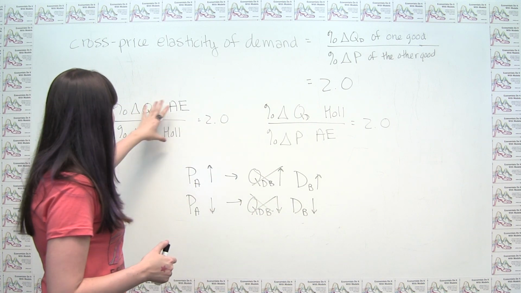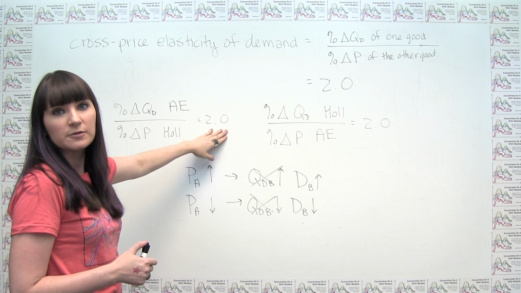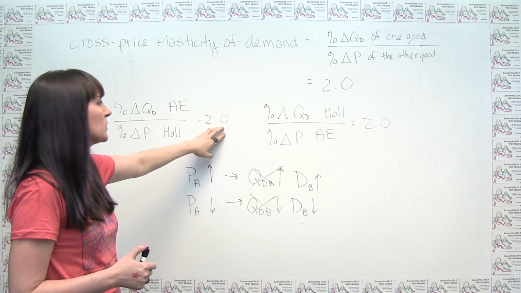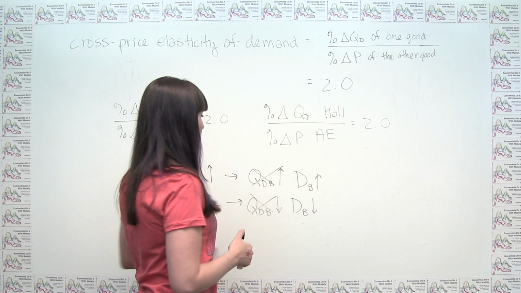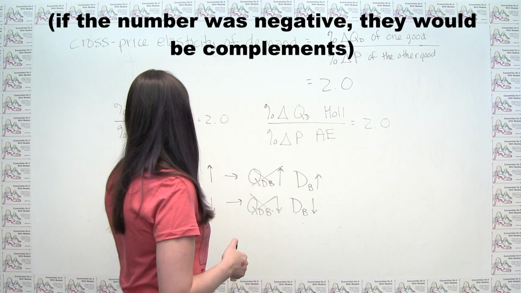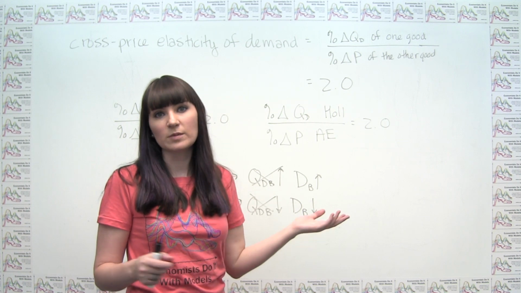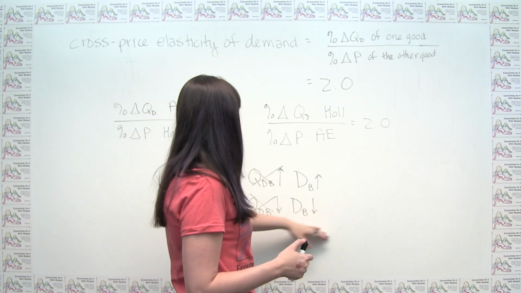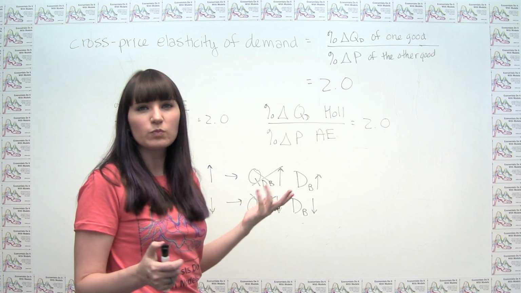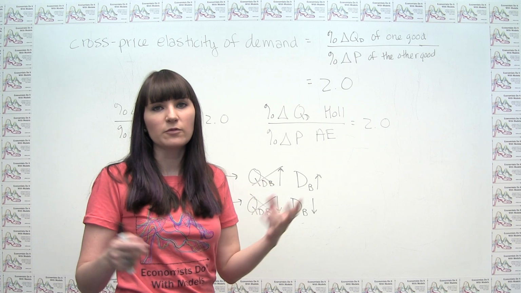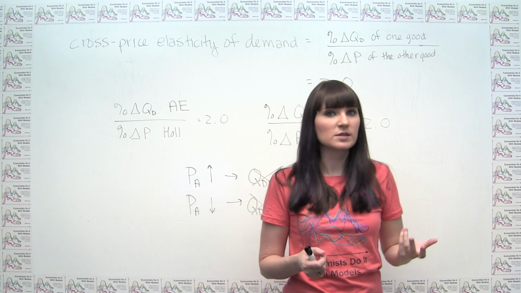So taking these different steps, just knowing that this cross-price elasticity is positive, it actually didn't matter that it was 2, we can infer that these goods must be substitutes, which makes sense because based on what we know about the world, Hollister and American Eagle are in fact substitutes, certainly more so than complements. We can also infer that 2 is a pretty big number, bigger than 0.5, bigger than 1, so they're actually pretty strong substitutes as well.